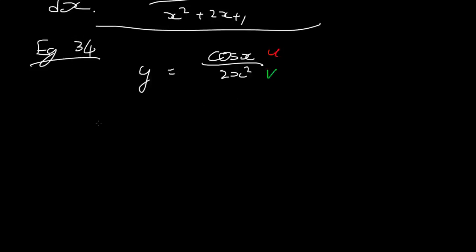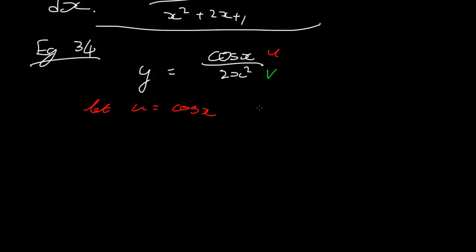To write it out properly, which I haven't done yet, you need to say let u equal cos x, and we know we're using the quotient rule, so we know we need to calculate du by dx and dv by dx. Okay, I see your book is using prime notation in this example, so I'm going to do the same.